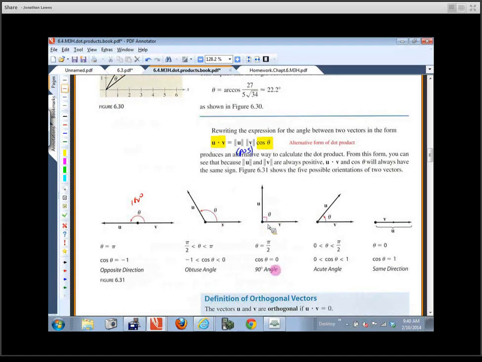Yeah. If the angle between the two vectors is 90 degrees, the cosine of that would be 0, which means the dot product would have to be 0. So in these two cases, the dot product would have to be negative. In this case right here, the dot product would have to be 0, and guess what's going to happen right here? The dot product would have to be positive there, okay?